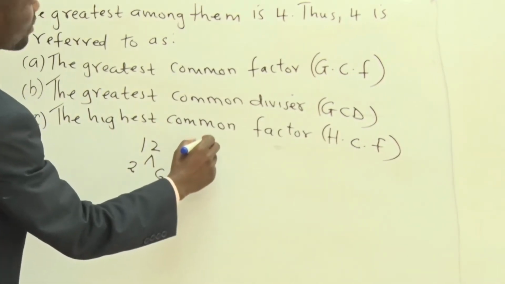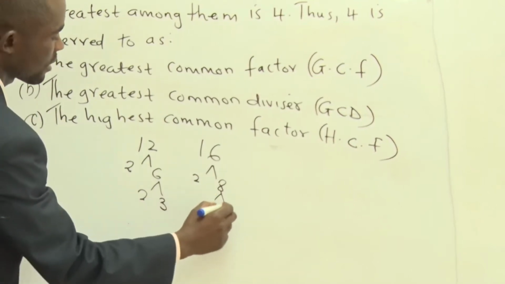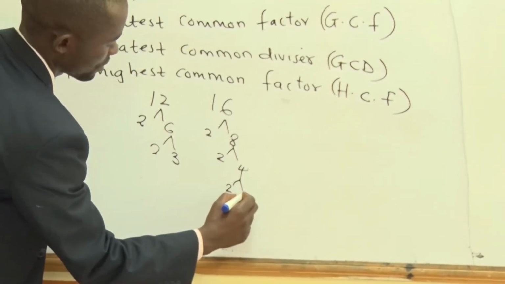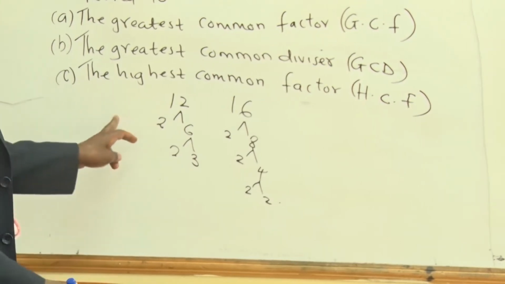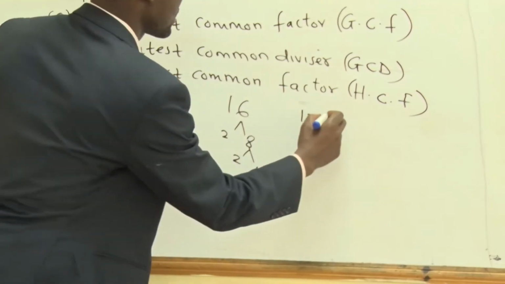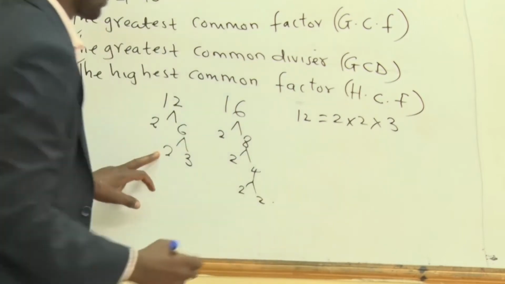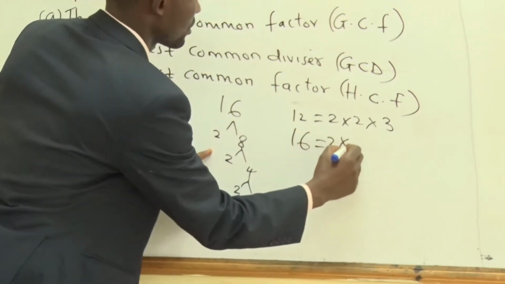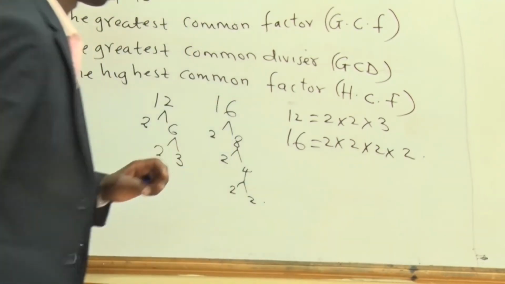You take the next number, which is 16. 2 goes into 16 eight times, then 2 goes into 8 four times, then 2 again. After you have done this, you can write the factors of 12 and 16. The factors of 12 in this case are 2 times 2 times 3. The factors of 16 will be 2 times 2 times 2 times 2.